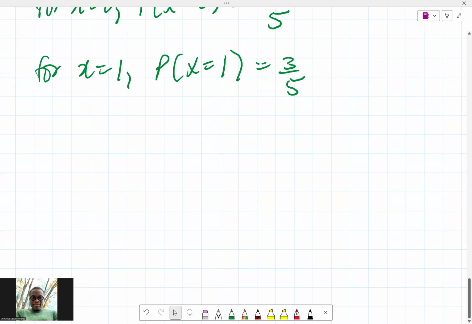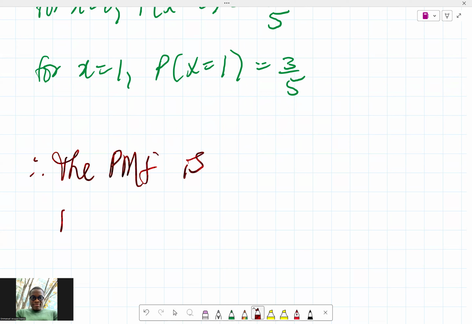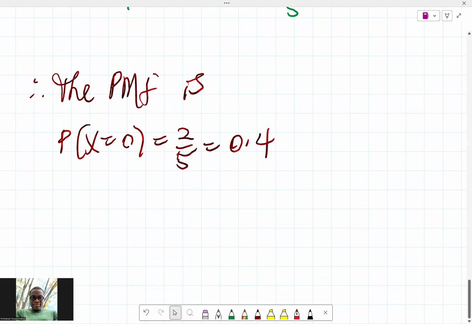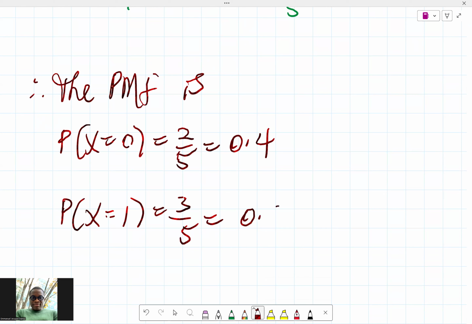We can now say, therefore, the probability mass function is P(X = 0) equals 2 over 5, which is the same thing as 0.4. And then we have the probability that X is equal to 1, that is 3 over 5, which is the same thing as 0.6.